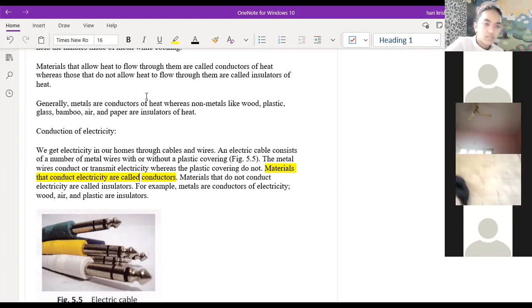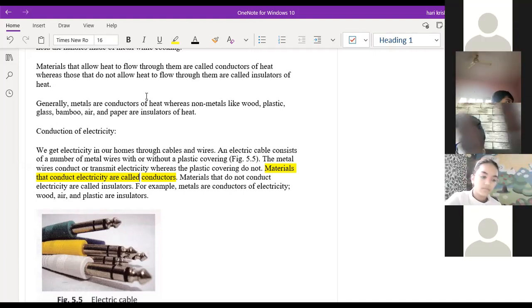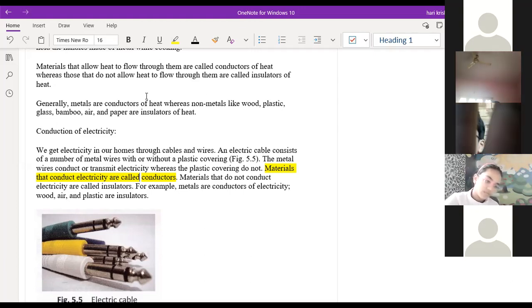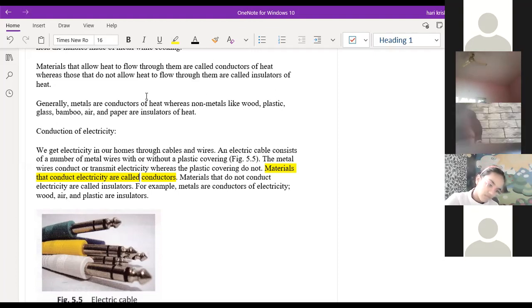If you put the plus and minus wire in the water, conduction of electricity will happen. The water will get heated, and the ions will be displaced in the water, so we cannot drink that water.